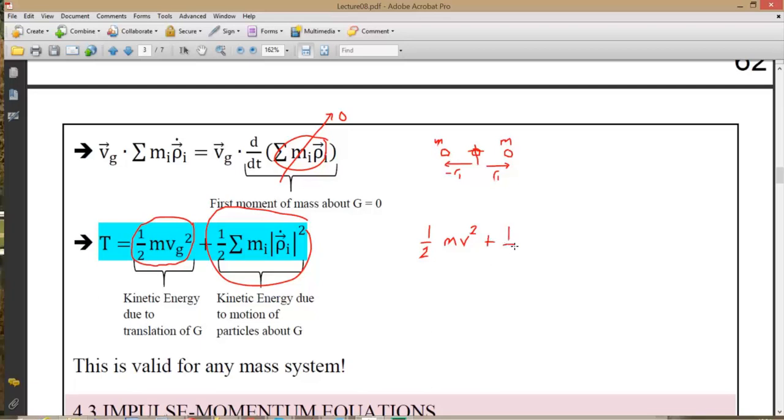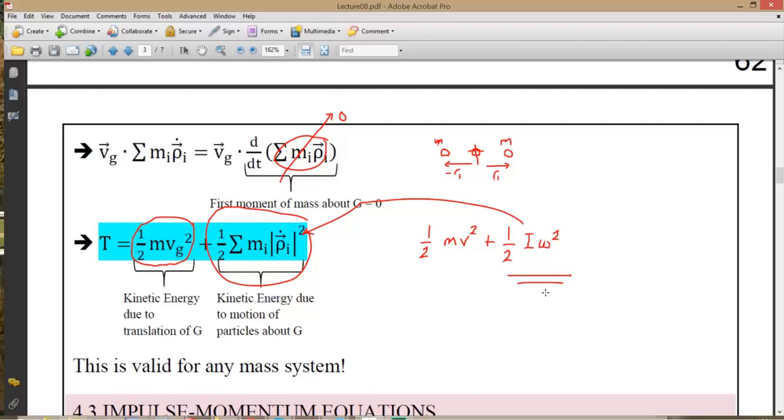Okay, and then in general, if this is a planar motion concept, then you would have this I as the moment of inertia about the normal of that plane. Omega is the angular speed of the body, so you have this extra term, which is actually derived directly from this term.